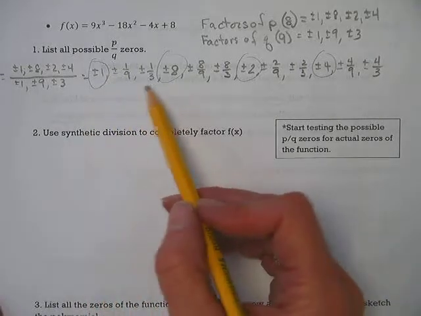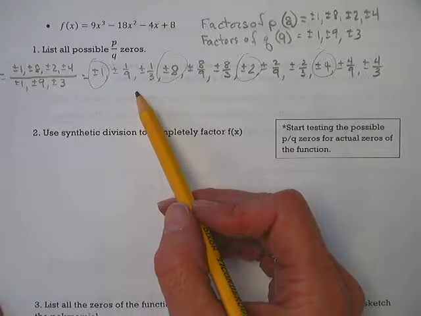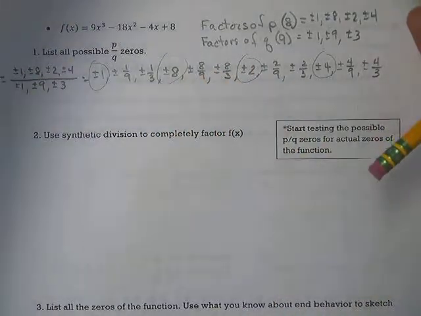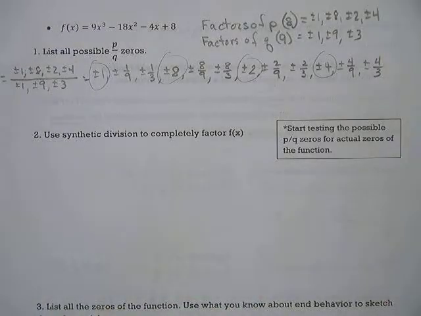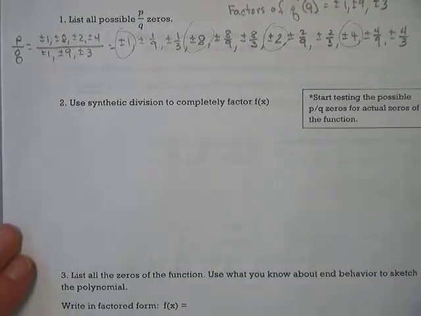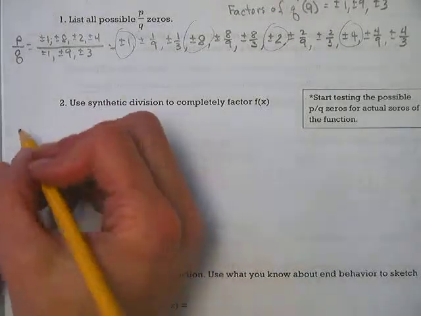There we go. What I would do first off is circle the whole numbers. When you use synthetic division and you start testing them, don't start with the fractions. You don't want to do synthetic division with fractions. So start with these whole numbers, okay?